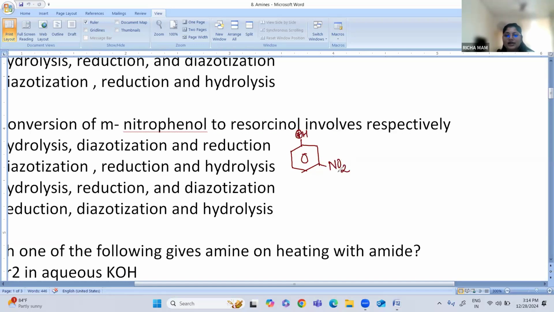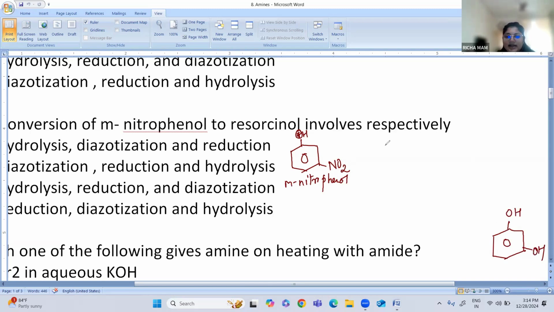So this is metanitrophenol. From metanitrophenol, I am going to convert it to resorcinol. What is resorcinol? When you have OH at the 1,3 position.